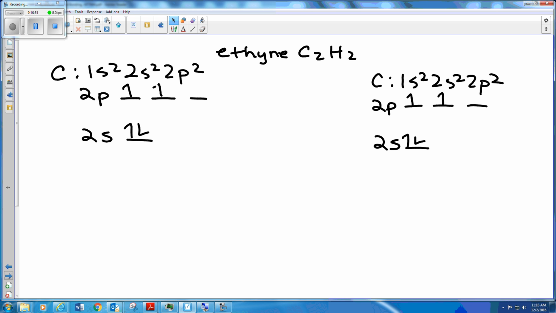In this type of hybridization that we see in ethyne, we are going to blend one s and one p orbital together to form 2 new hybrid orbitals called sp hybrid orbitals. We will be leaving 2 of the p orbitals alone.